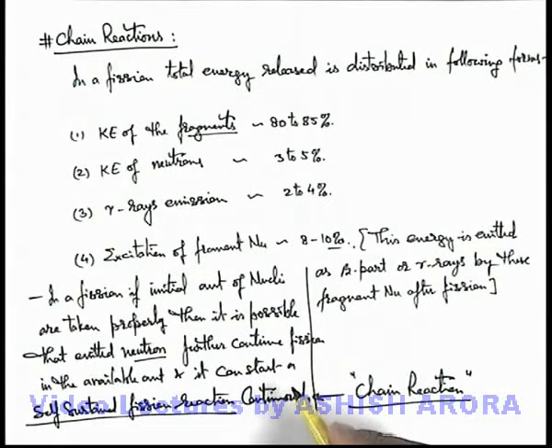So one reaction will lead to 3 more reactions, then 3 will lead to 9 and so on. So it will multiply a lot, and when the reaction becomes uncontrolled, it may become extremely hazardous for society also. That's why these reactions are carried out in a controlled environment, in nuclear reactors, for production of a huge amount of energy.